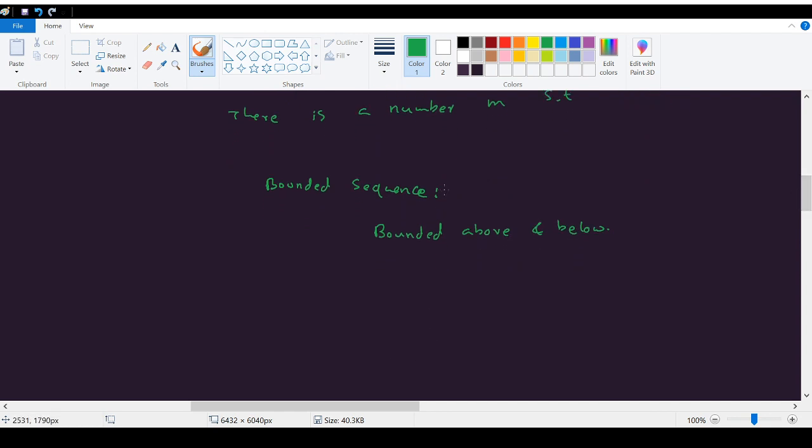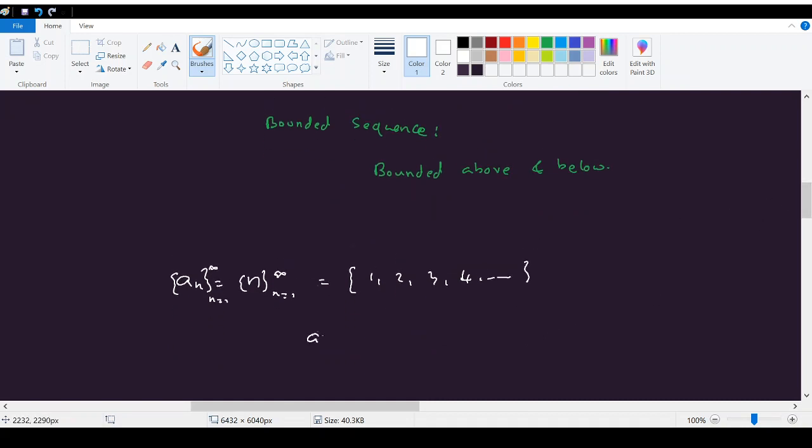So for example, if we take the sequence a_n equals n, and we can represent it like this. The sequence points in this sequence will be 1, 2, 3, 4, likewise, right? So you can see all these sequence points are definitely greater than or equal to 0, right?